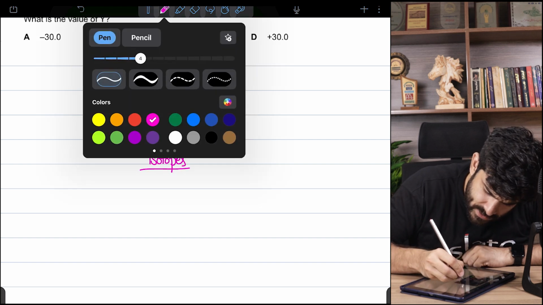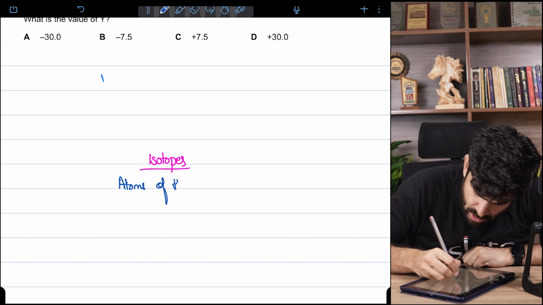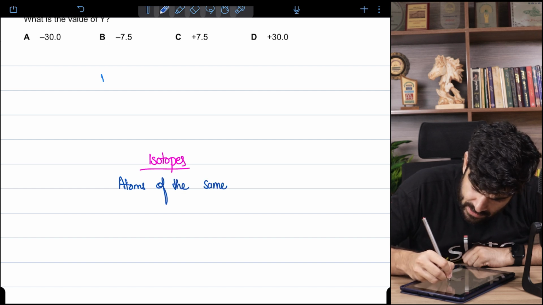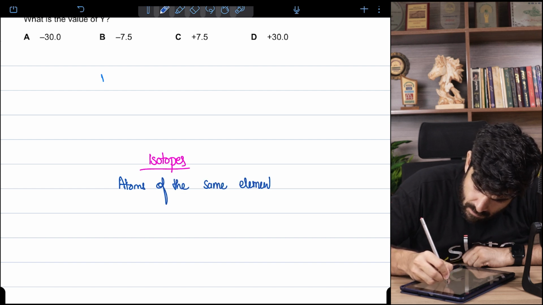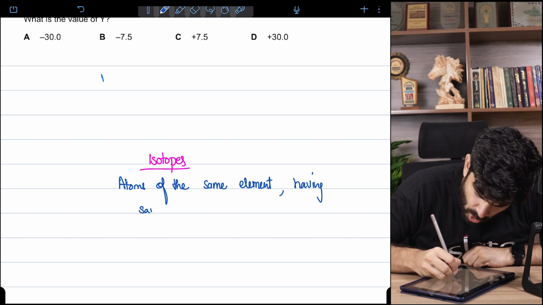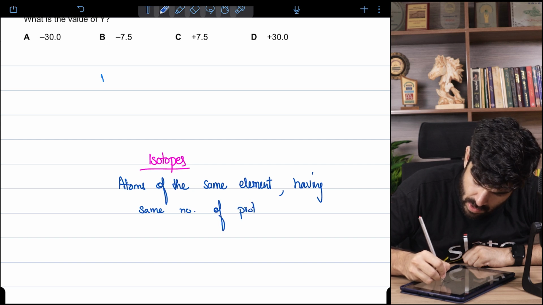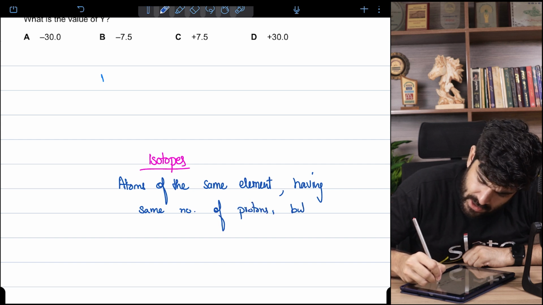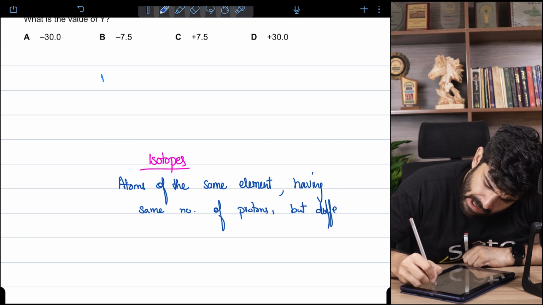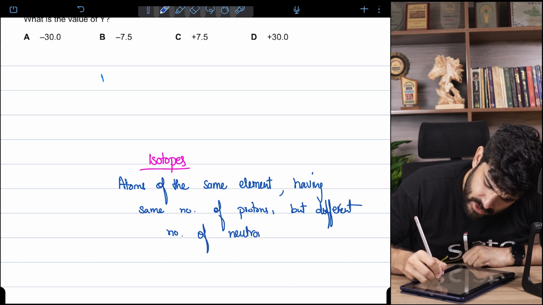What were isotopes? Atoms of the same element having the same number of protons but a different number of neutrons.